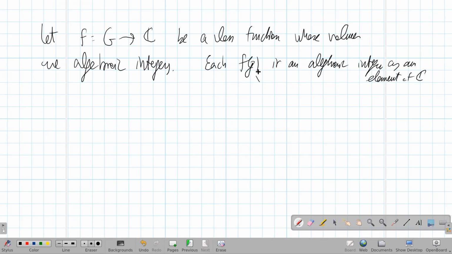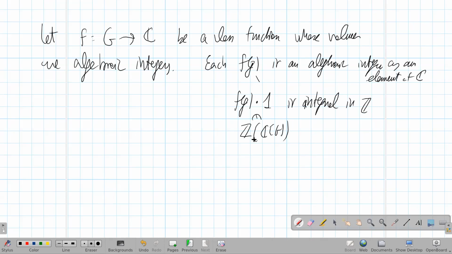But such an fg times 1 is an element of the center of the group algebra, because it's a scalar multiple of 1, and so this is integral in this ring.